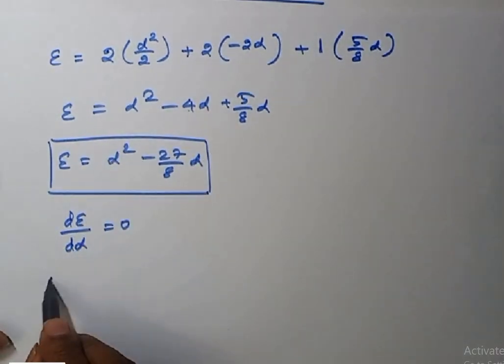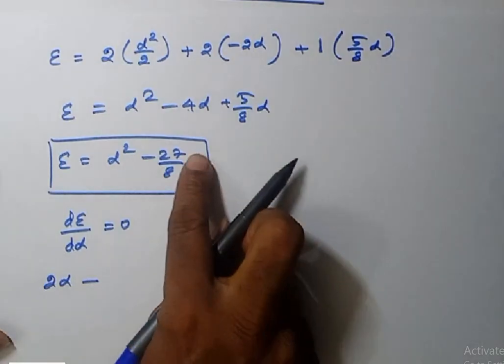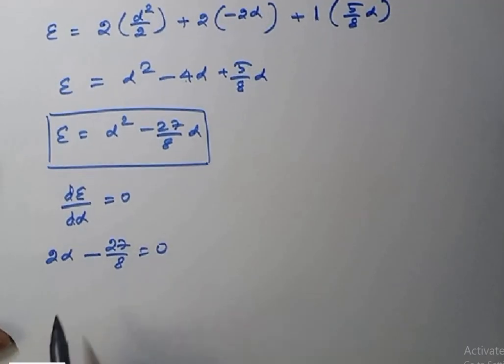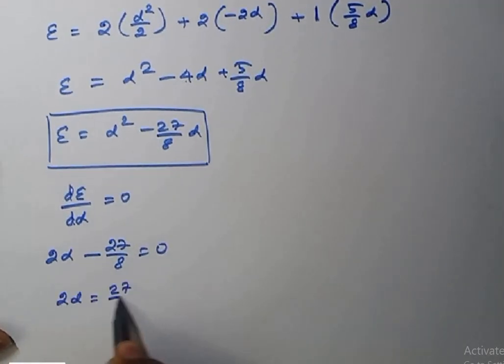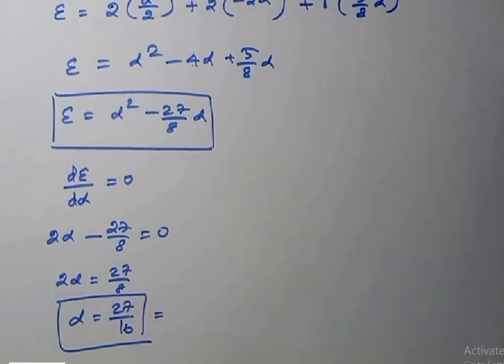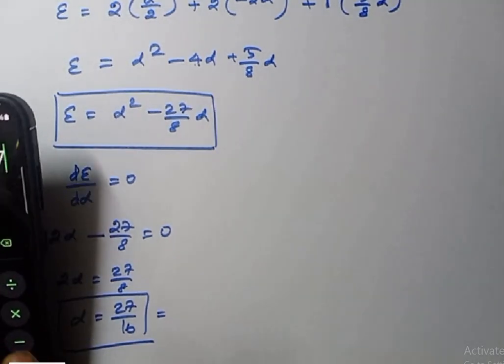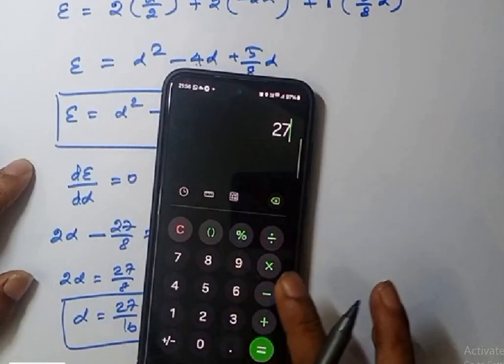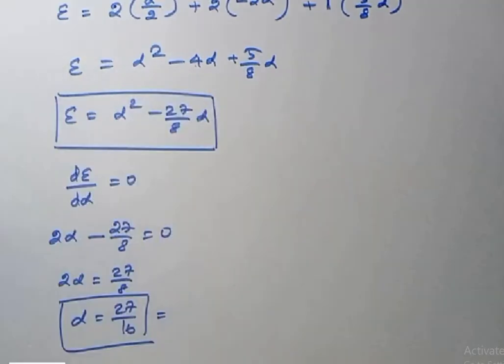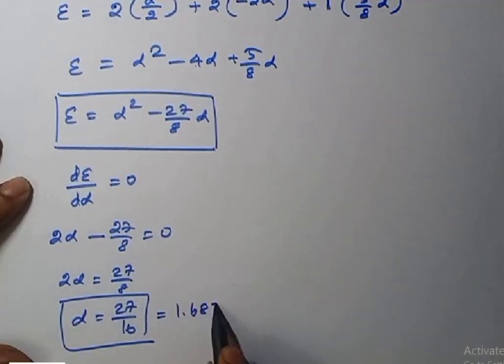Alpha square differentiates to 2 alpha, minus, differentiating alpha you get 1, so 1 into 27 by 8 is 27 by 8, equal to 0. 2 alpha equal to 27 by 8, or alpha is equal to 27 by 16. 27 divided by 16 comes out as 1.6875. We write it roughly as 1.69.